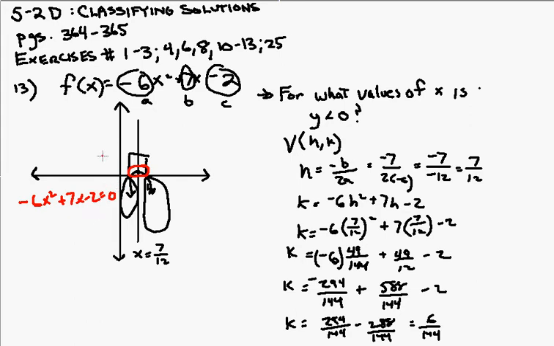And at that point I should be able to find out, so if I figure out where the quadratic formula is and plug in negative 6 for A, 7 for B, and negative 2 for C, I'm going to get 0.5.